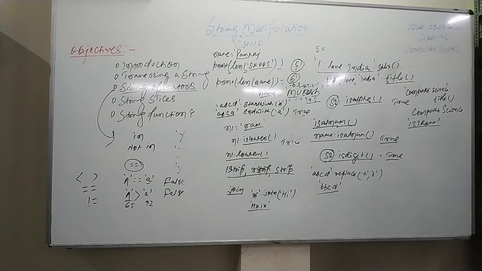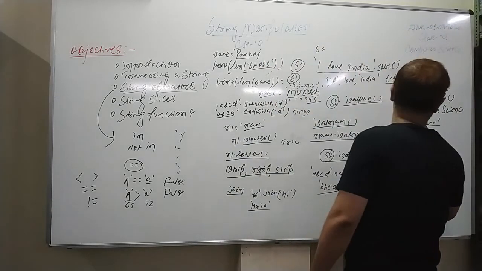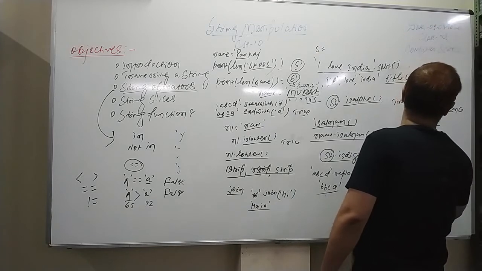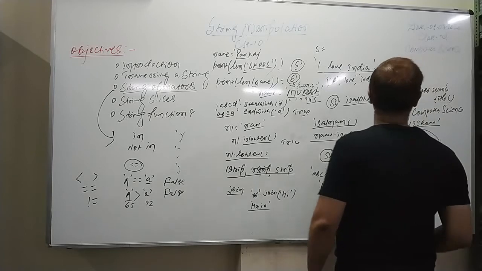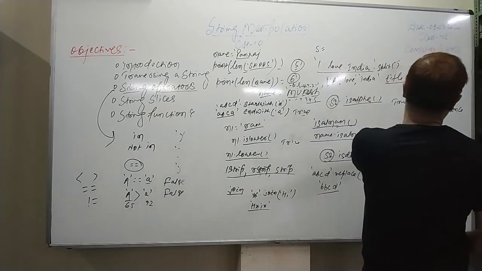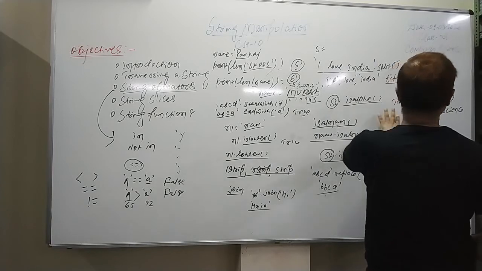Now one more method is there with the string: partition. Partition is one method, P-A-R-T-I-T-I-O-N. Now this partition method will divide any string from the word that you mention.